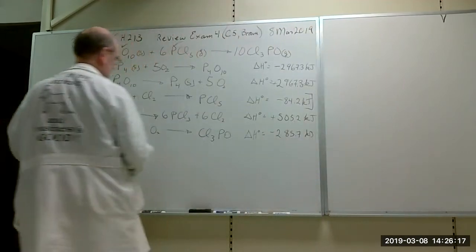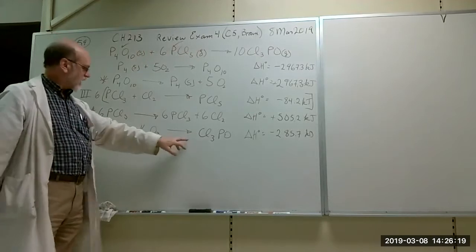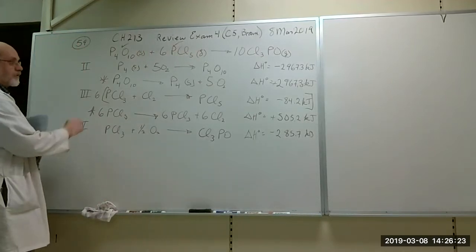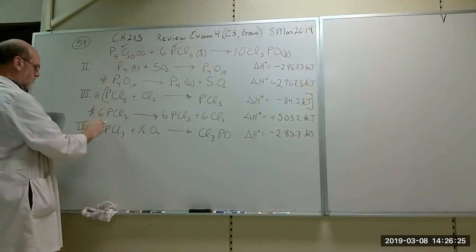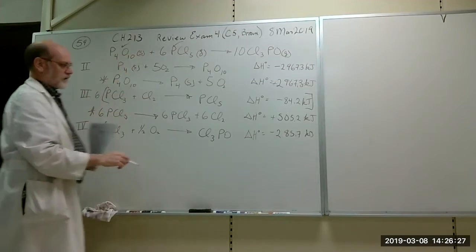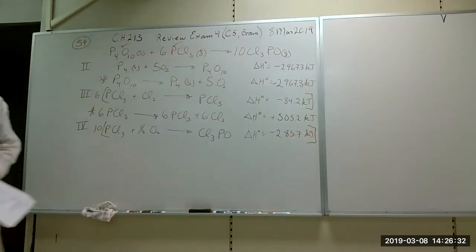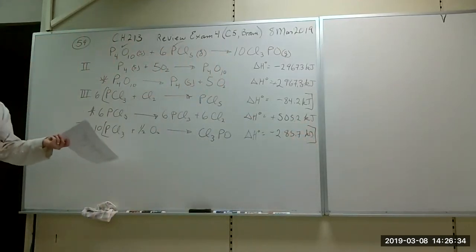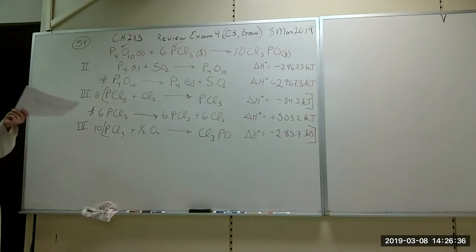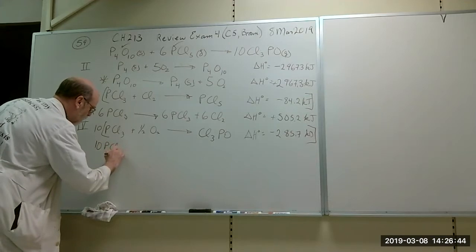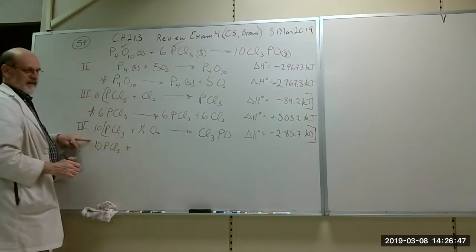So what's wrong with this one? Well, it's on the right side, just not enough of them. Right? So we need to multiply what? 10? And I always put brackets around everything, even the delta H, because that reminds me I need to multiply 10 times the delta H also. Okay, so now we got 10 PCl3 plus, what's 10 times 1/2?